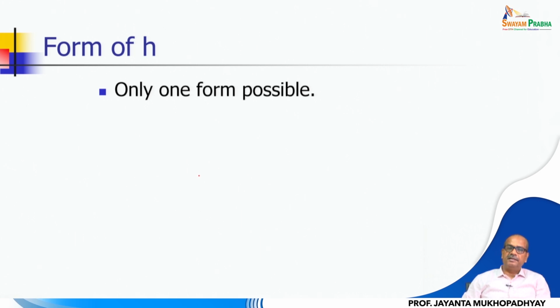Now, one of the interesting facts of this projective transformation, which you can derive theoretically, and we will show some intuitive reasoning for that also, is that only one form is possible. It's a function, as I mentioned.